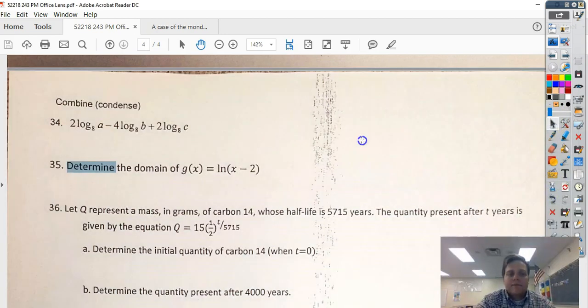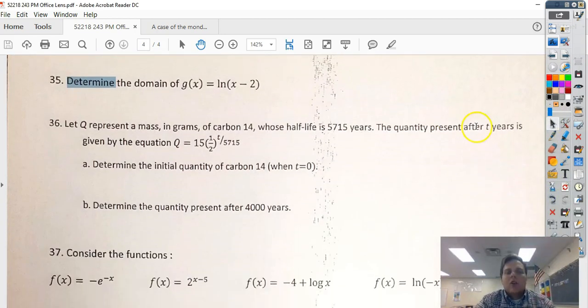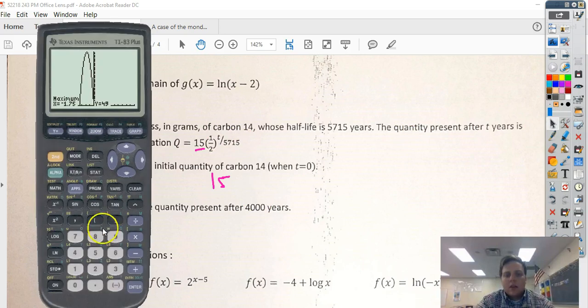Okay, moving on. 36. Let Q represent a mass in grams of carbon-14 whose half-life. Okay, you can finish reading on your own. This is the equation. Determine the initial quantity. Bam, that's the starting amount right there, which is 15. Determine the quantity present after 4,000 years. Take 4,000, plug in for t. Alright, so let's do that.